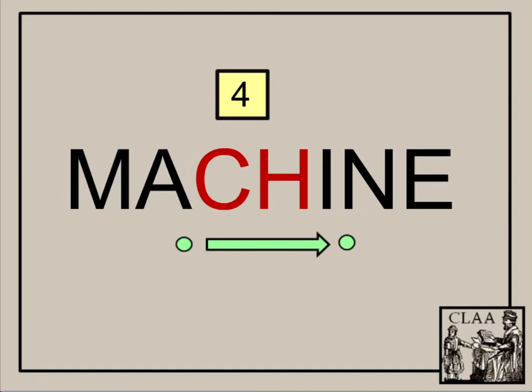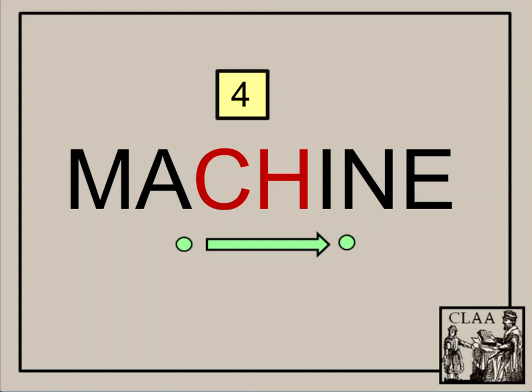The digraph CH also makes the sound of the soft sh. In this word, we again see the digraph CH, but it doesn't make the sound ch, and it doesn't make the sound k. It makes another sound, sh.